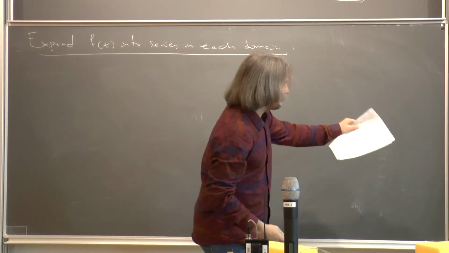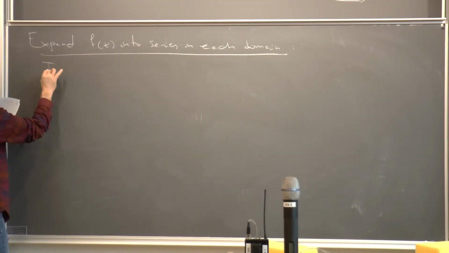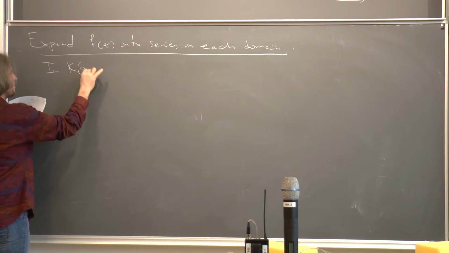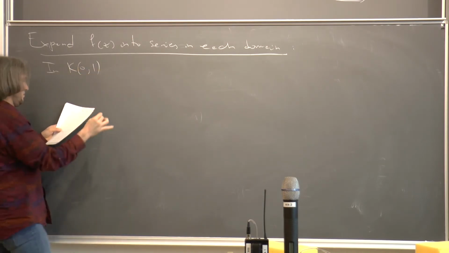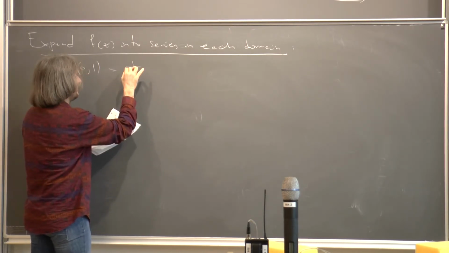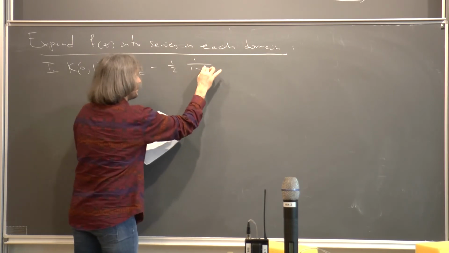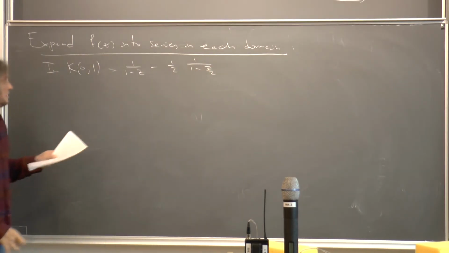So the function doesn't have a singularity at 0, so predictably in K 0 1 I'll just write 1 minus z minus 1 half 1 over 1 minus z over 2.